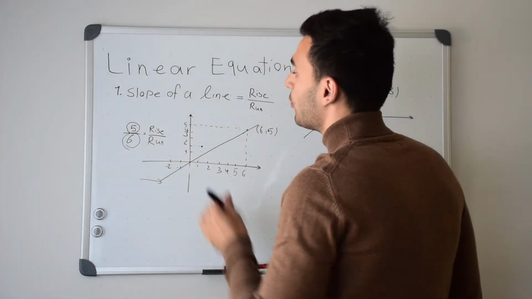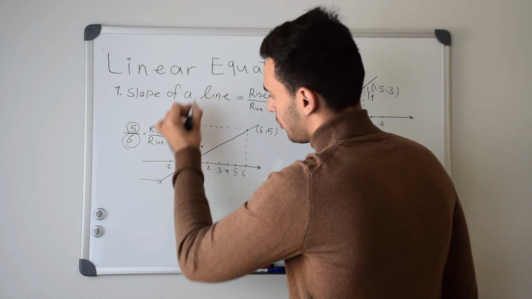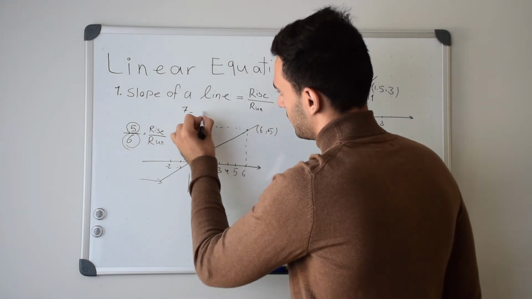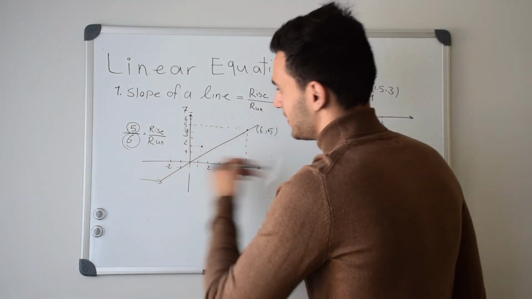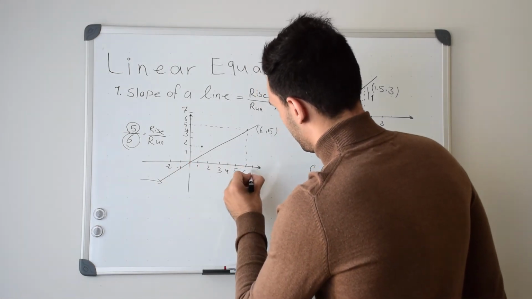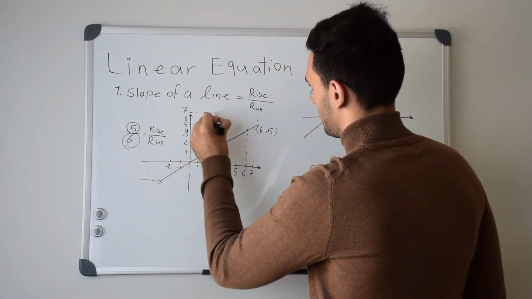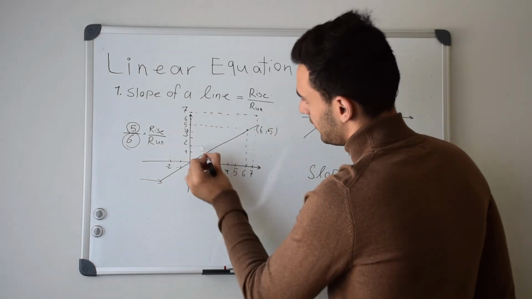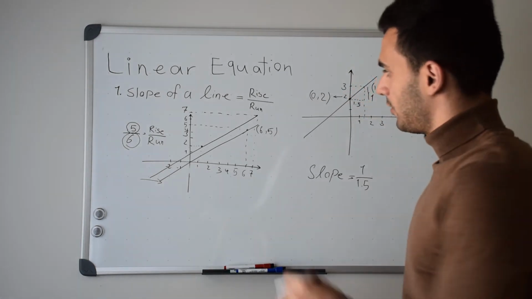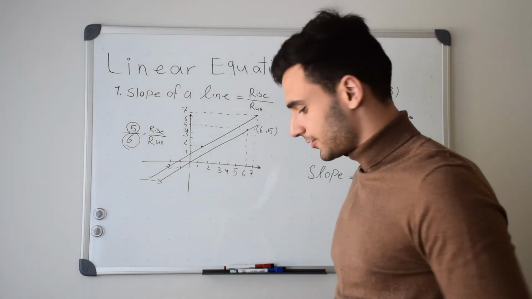So from here we go up 5 units. So from 2, if we go up 5, we end up at 7. Okay? And when we have a run of 6, from 1 we again end up here at 7. Okay? So that's one point. Then we connect this point, and you see there is another line that represents the slope of 5 over 6.